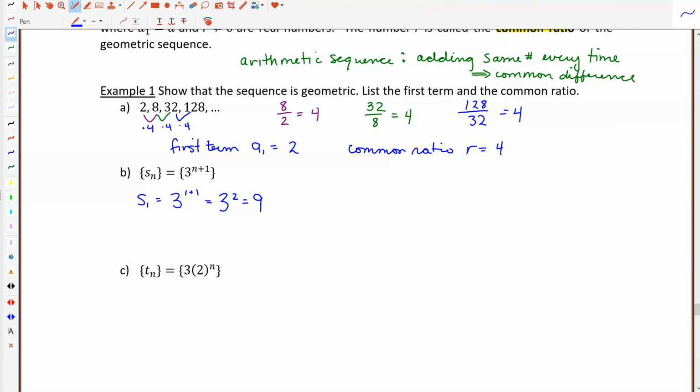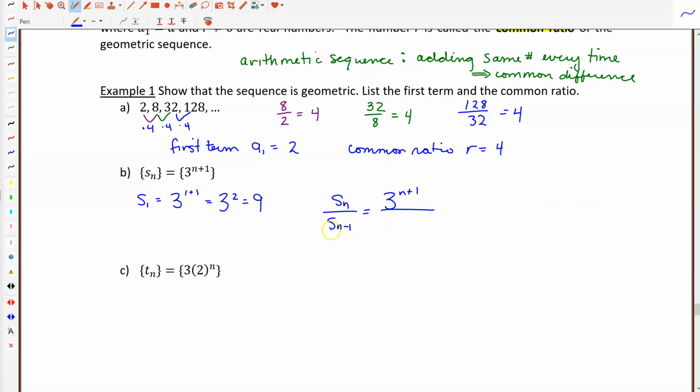Now to get that common ratio, on this one, we don't figure out what s sub 2 is and then take the ratio like we did in the previous example. We're going to find the common ratio using our algebraic expressions. To figure out what that common ratio is, we're going to take the ratio of s sub n over s sub n minus 1. So s sub n is equal to 3 to the n plus 1.